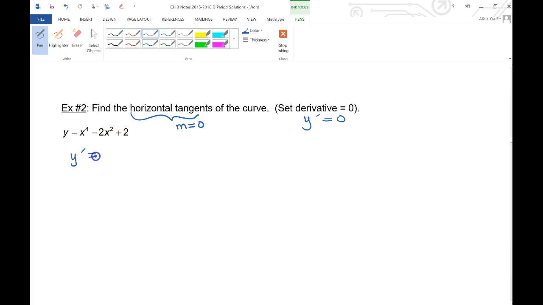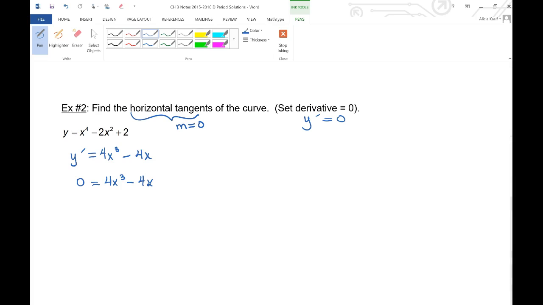So it's going to be 4x to the 3rd minus 4x plus 0. Are we okay with that part? All right, so I want to set this equal to 0. How do I solve that?